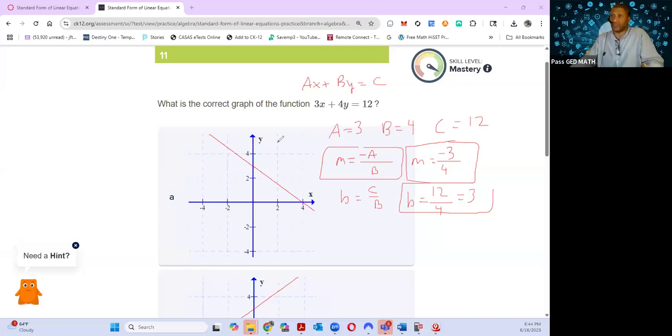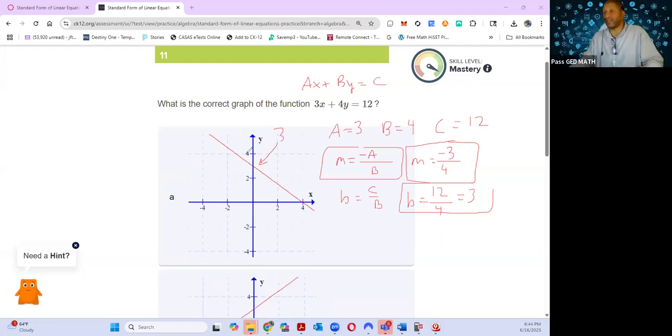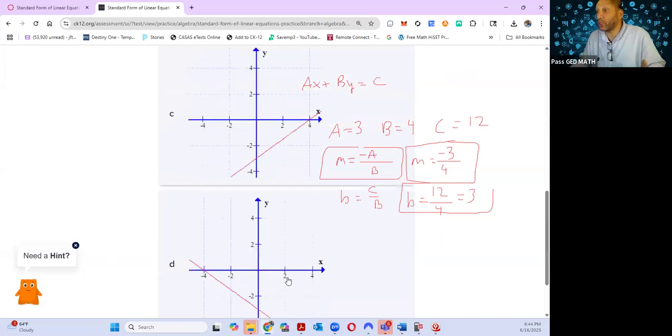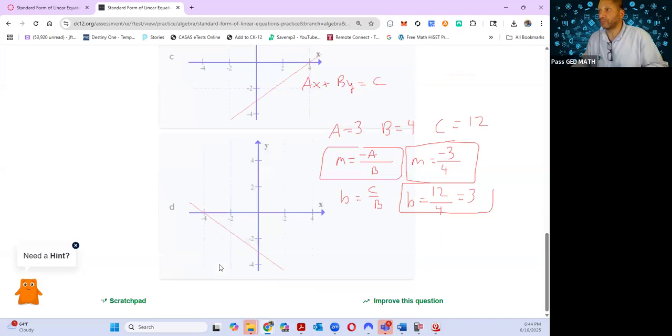I already looked at this and saw my y-intercept is 3 and I've got a negative slope. But I wanted to show you the other graphs, so when you get to your test, you're eliminating options quickly just by knowing the slope and the y-intercept.